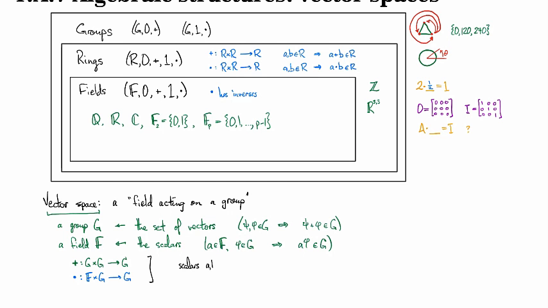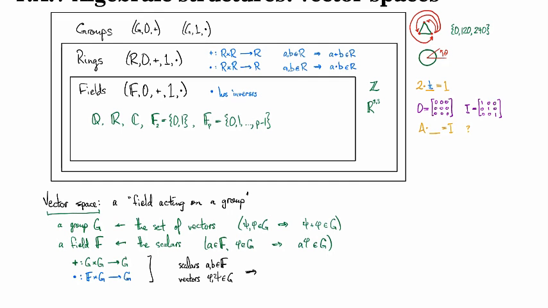Okay, and so the upshot of all of this is that with this together, if we have scalars A and B, and we have vectors phi and psi, then we can do what's called taking a linear combination, and that's going to be a vector again.